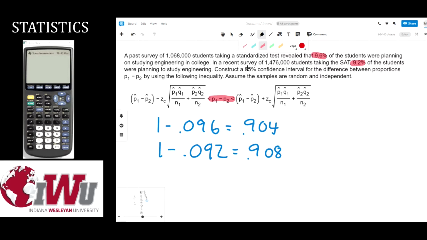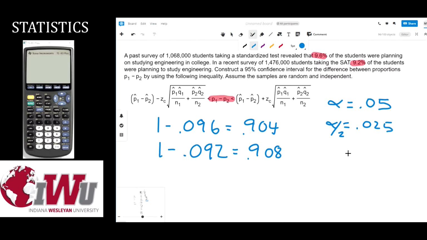Confidence interval 95%. So again we're getting the z. Alpha is 0.05. And remember, this is a confidence interval, so alpha divided by 2 is going to be 0.025.